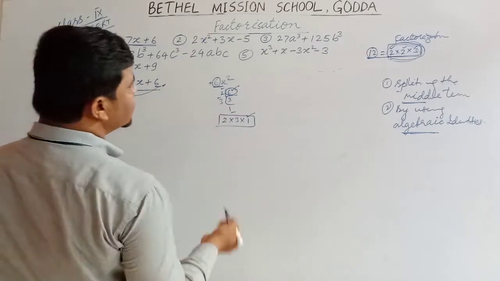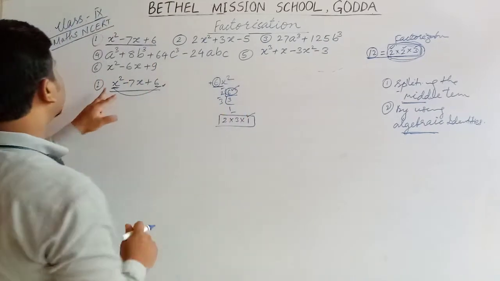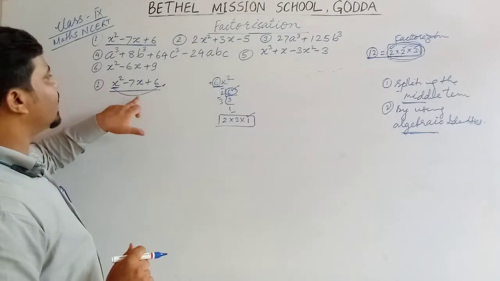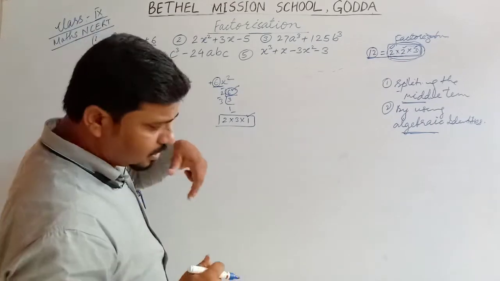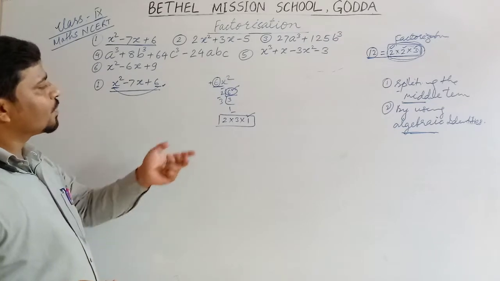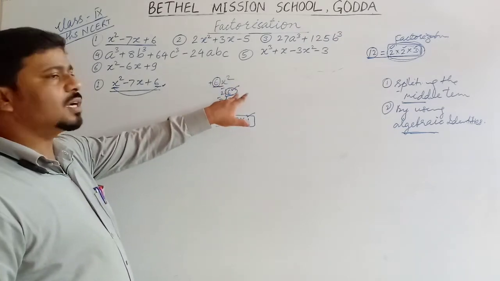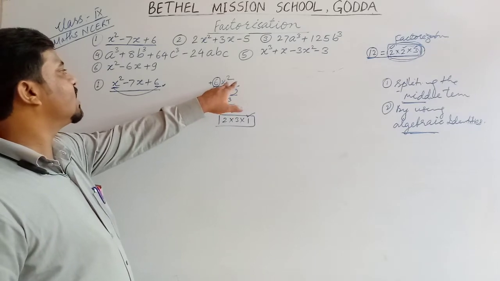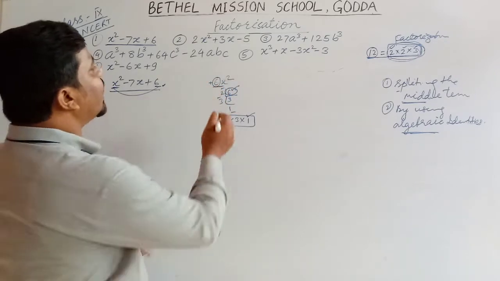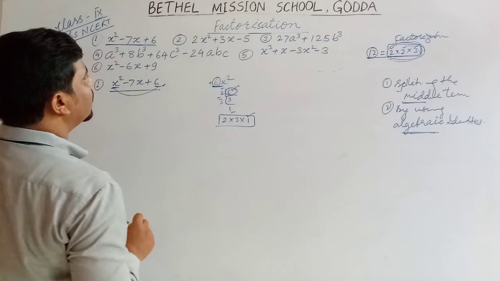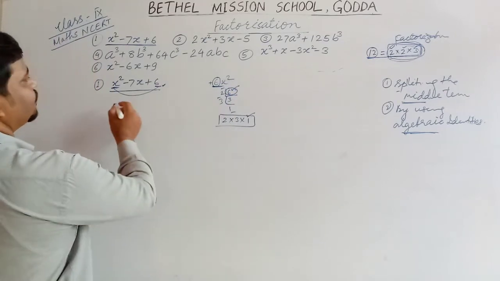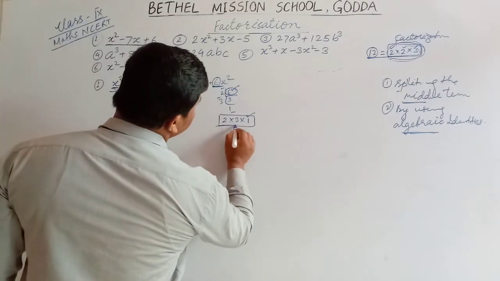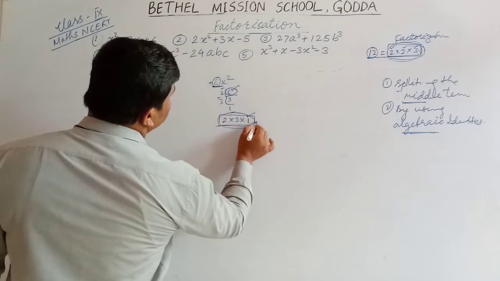Then what is the next step? The first step I told: we will find the product of the beginning and last term. Second, you have to factorize the coefficient of x square, or whatever constant part you get. After that, you will regroup these small numbers into two parts.